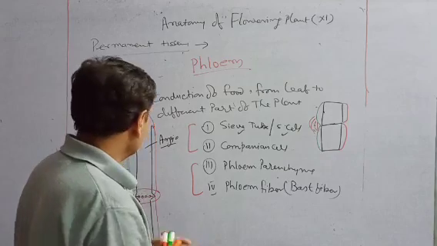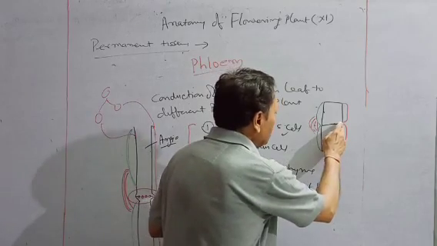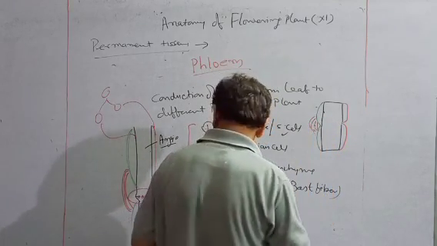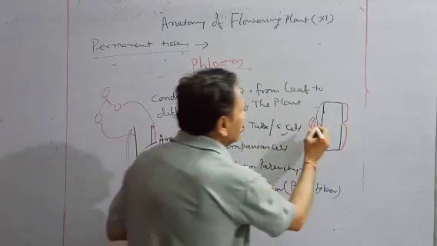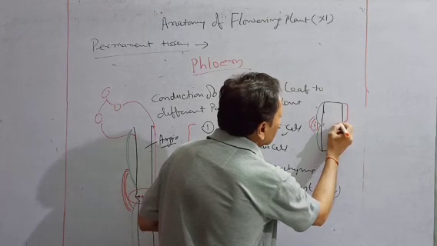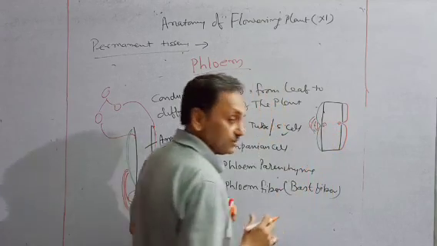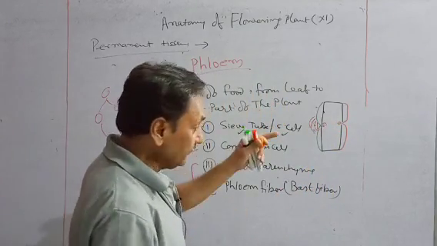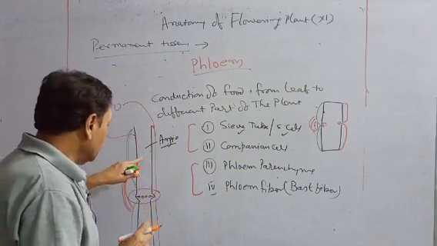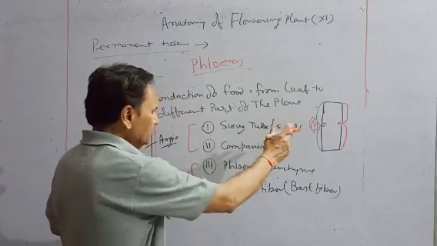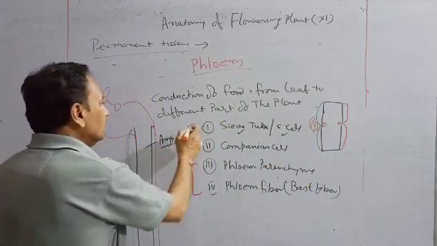Now, what is the basic difference between the sieve tube and the sieve cell? In the sieve cell, the sieve plate is not continuous like this, but spotted like this. It means the tube is not complete. The flow of the food material is not like this. So you can say that the sieve tube is more developed than that. In addition, companion cell, phloem parenchyma and phloem fibers are all present here also. Both are sisterly concerned.